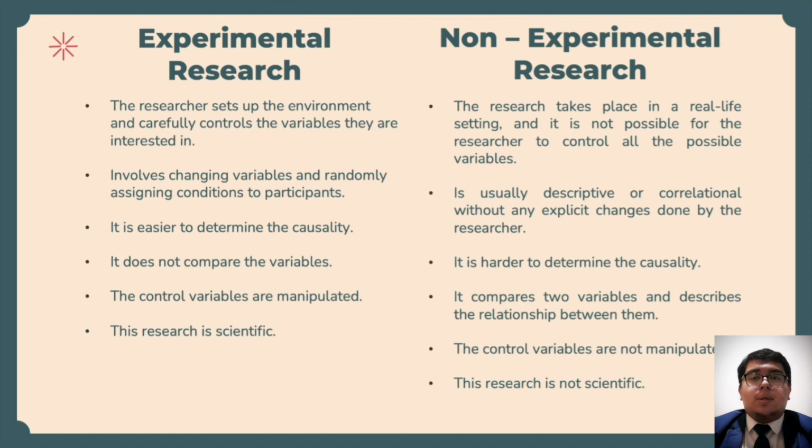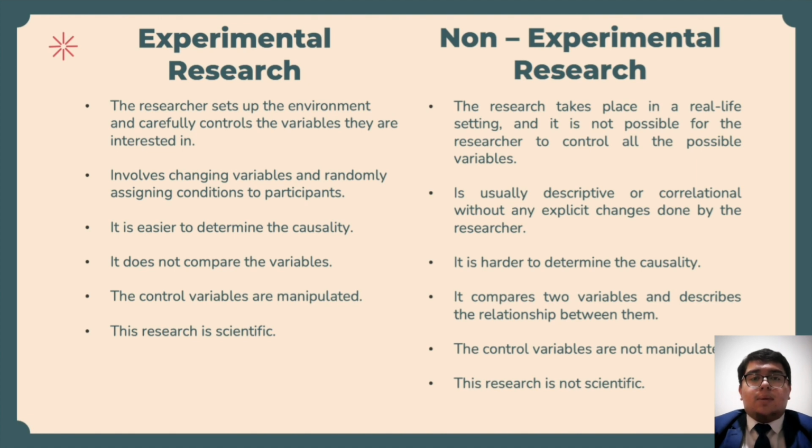In experimental research, the researcher sets up the environment and carefully controls the variables they are interested in. While for non-experimental research, the research takes place in a real-life setting and it is not possible for the researcher to control all the possible variables.